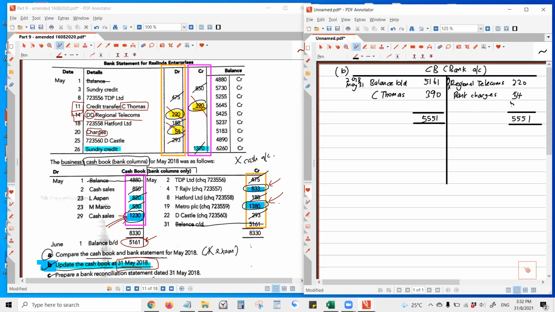5277. Here, write balance CD. See if you can find the same figure.